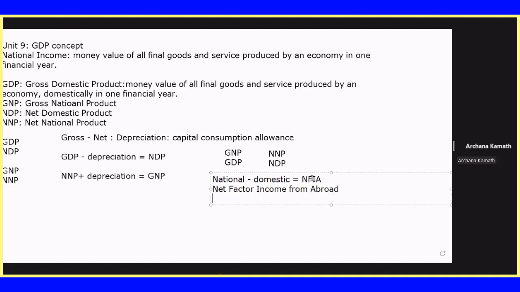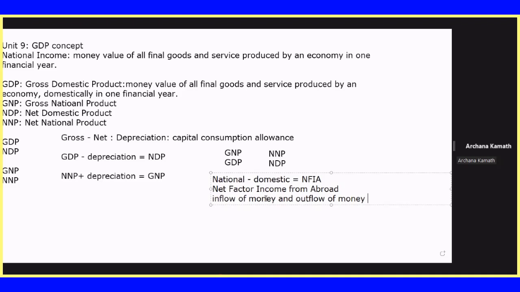It is a difference between inflow of money and outflow of money. Money that is coming to our country and money that is going out of our country is your NFIA. I told you, there will be people outside a country, our own people, our own business dealings, making money and sending the money to our country.